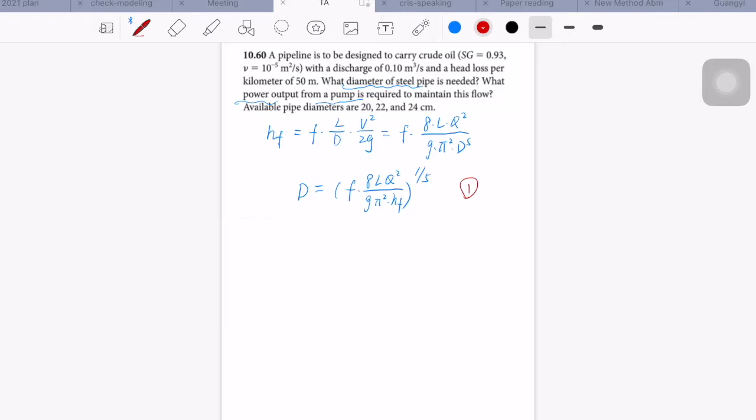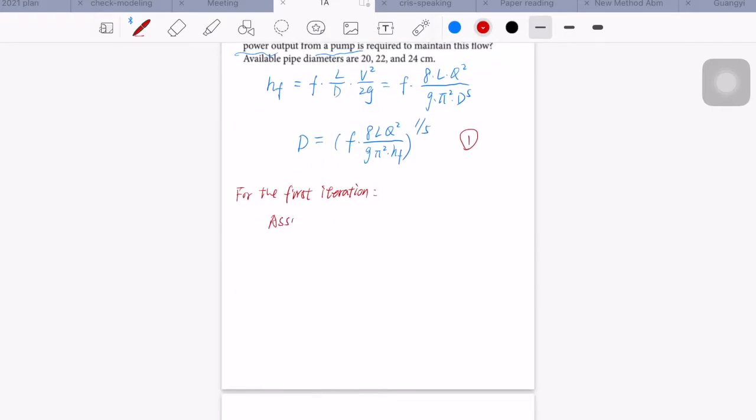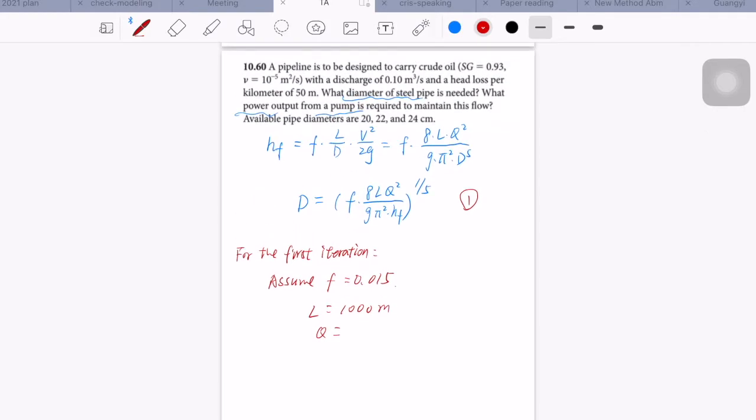And for the first iteration, we assume F is 0.015, and we know L is 1,000 meters, Q is 0.1 cubic meters per second, and HF is 50 meters.